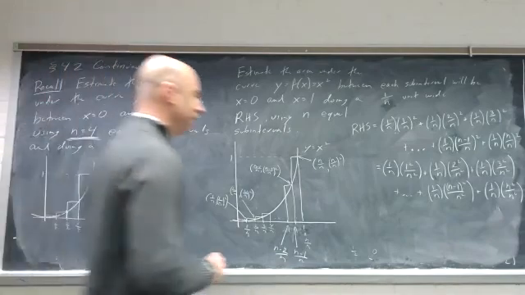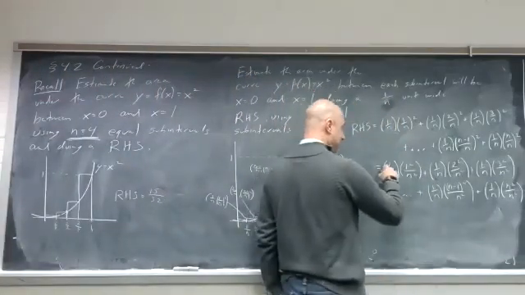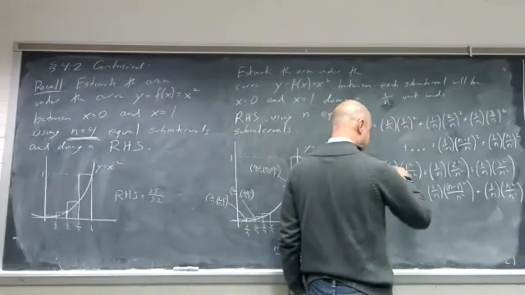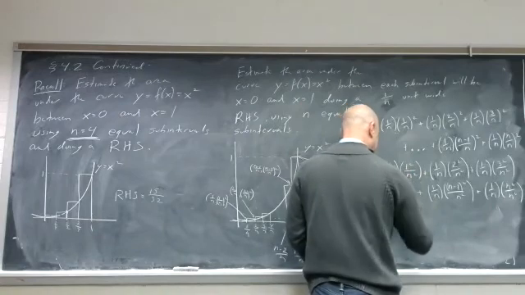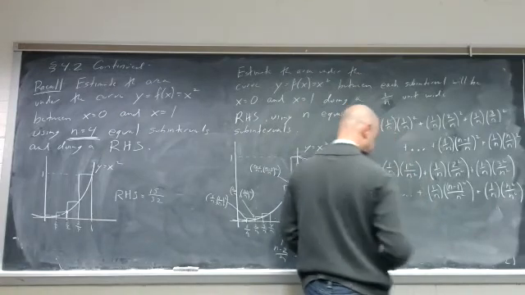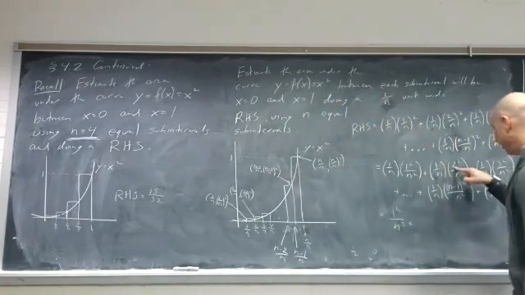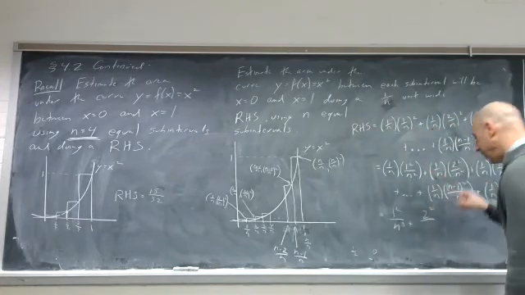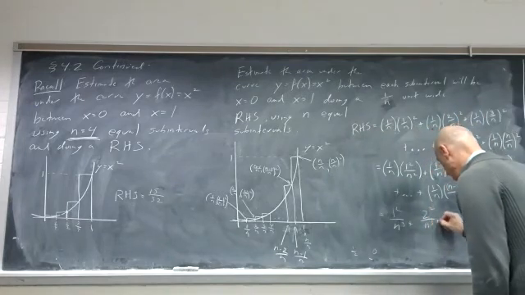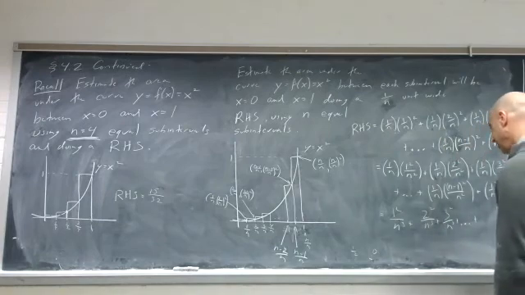Let's keep going. So if I multiply the tops and the bottoms now, I end up with 1 squared from this first term on the top and n cubed on the bottom. 1 times 2 squared is just 2 squared, and n times n is n cubed. 3 squared over n cubed, dot, dot, dot.